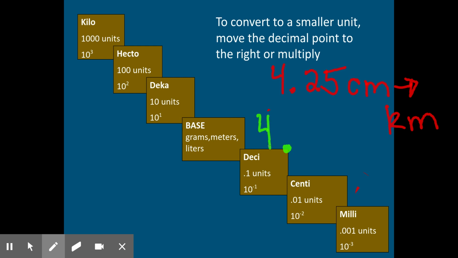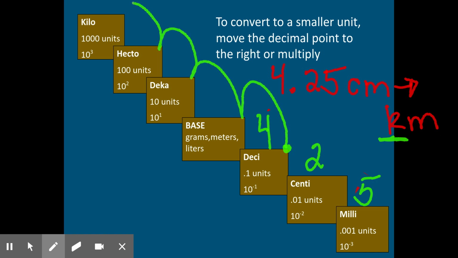The 4 goes to the left of that decimal, and then the 2 and the 5 go to the right of the decimal. This time we're going to kilometers, so we're going to the left. We're going 1, 2, 3, 4. So remember, in my empty spots, I'm putting zeros. So in this case, it becomes 0.00425 kilometers.